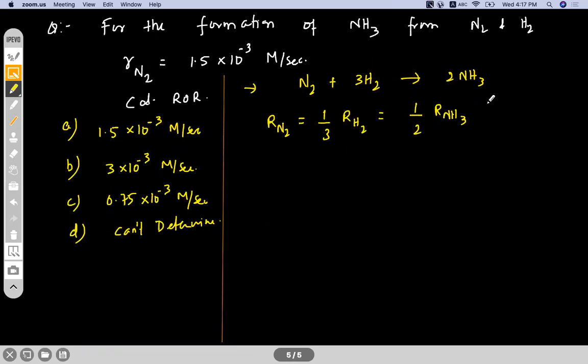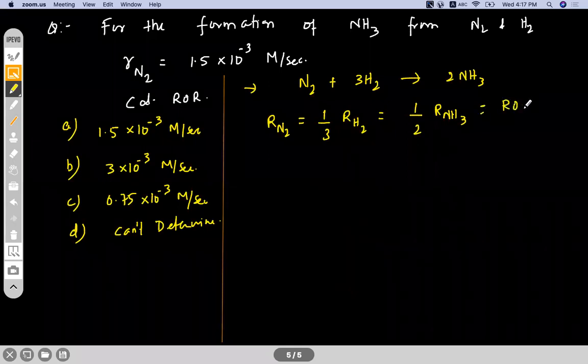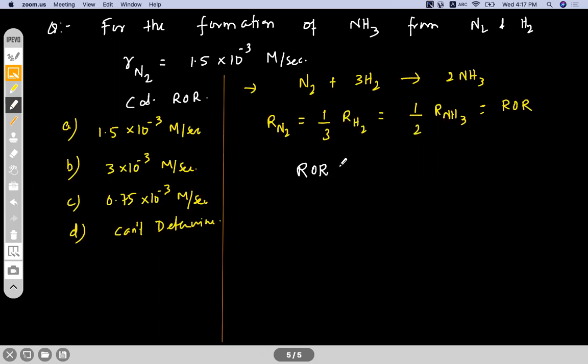Right? And this is equal to the rate of reaction. Is it correct? R of N2 is given, so the rate of reaction you can directly equate and you will get 1.5 into 10 to the power minus 3 molar per second. This is the one thing that you can do.